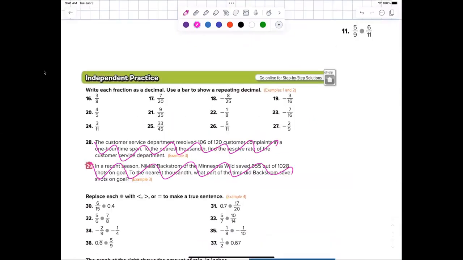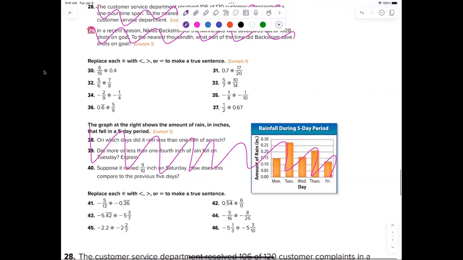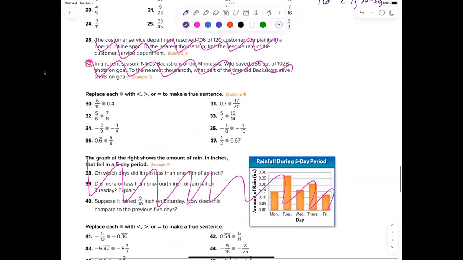I'm going to cut you some slack, so I want everybody's attention. We're going to do problems 16 through 24, and then 30 through 33, and then 41 and 42. So I gave you a break.